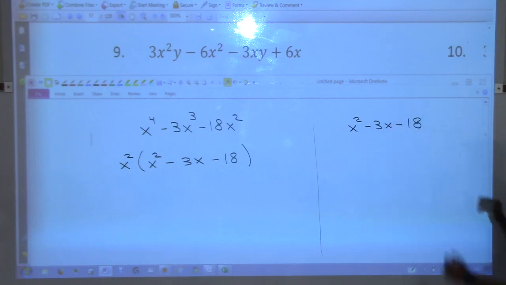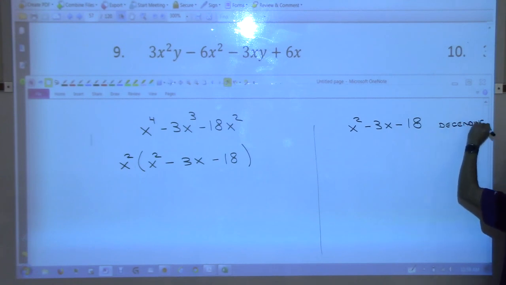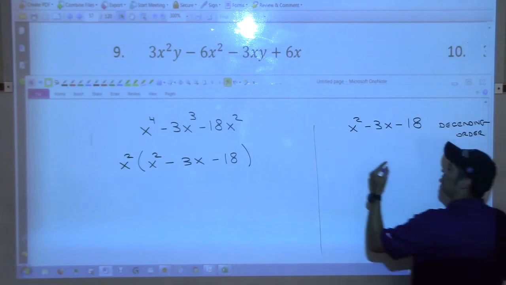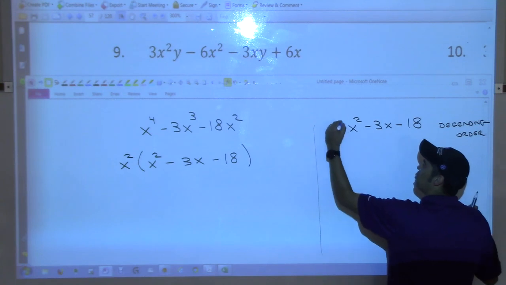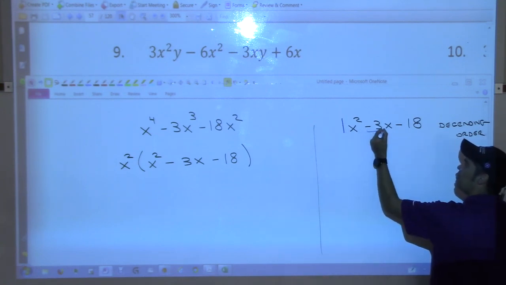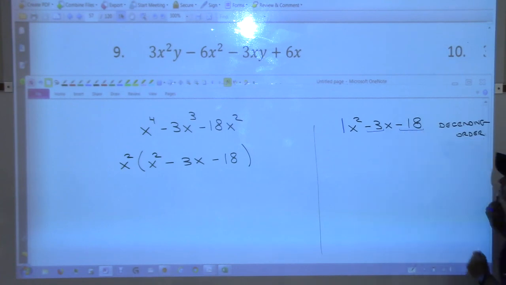So it's descending order first. And now you're going to look at the coefficients. The number in front of this x squared is a 1. The number in front of this x is -3, and then this number by itself is -18. So you have 3 numbers here.